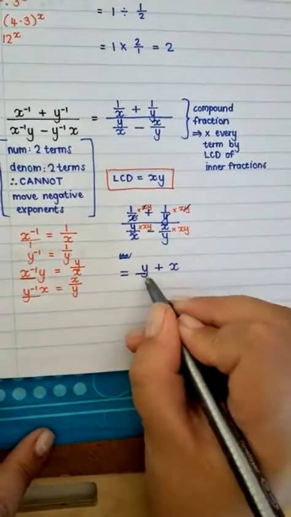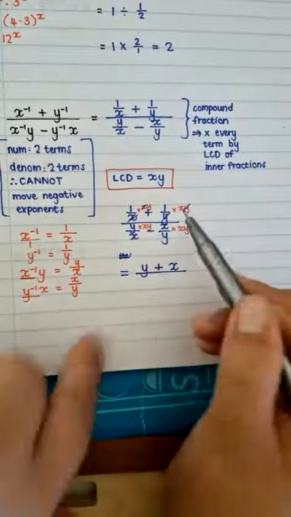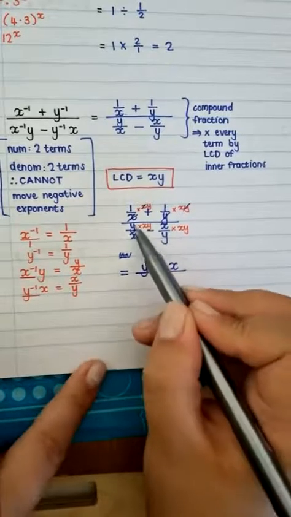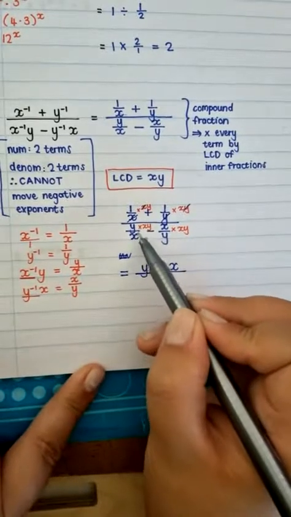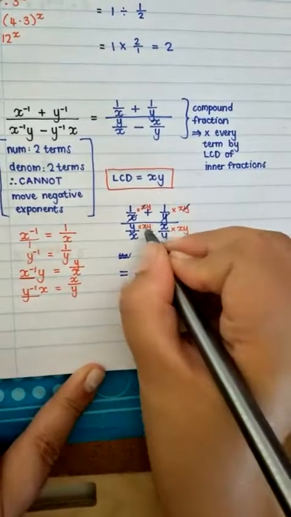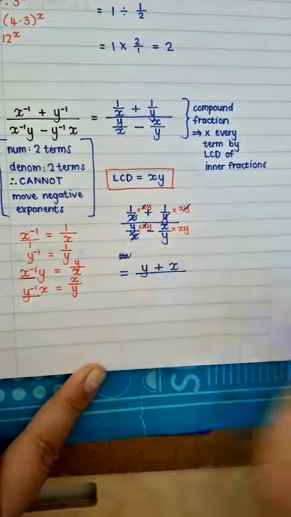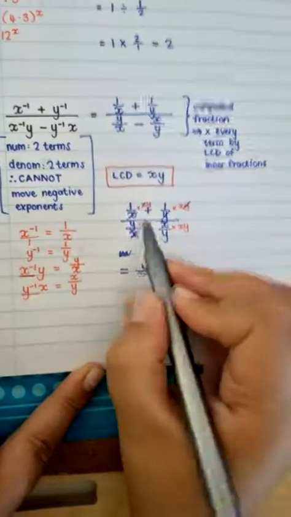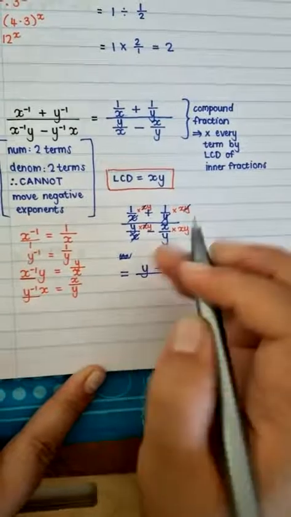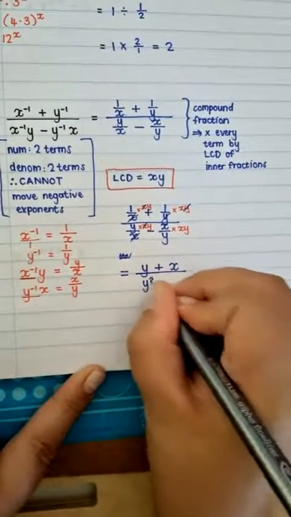At the bottom, again, I'll go over all 4 of these just now. I have y over x times xy. Again, the x from my LCD is going to cancel out the x from the denominator. I'm left with y times y, which is y squared.